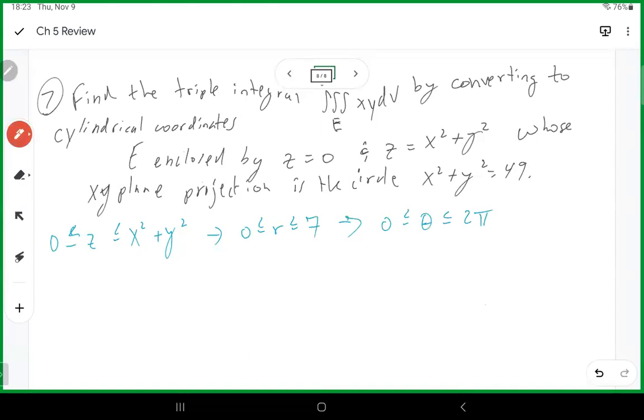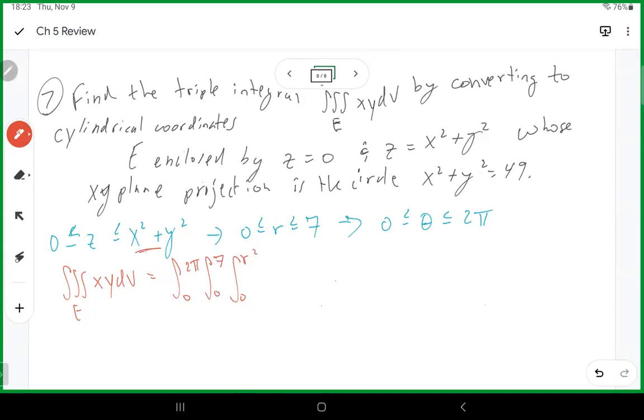Okay, so now we just have to compute, and hopefully we won't run out of room. And here, guys, remember, why are we going to r squared?